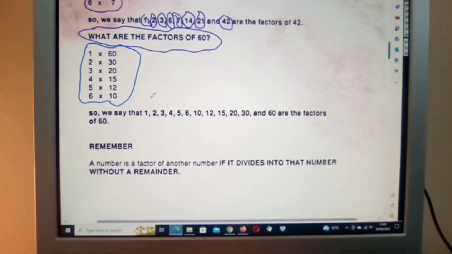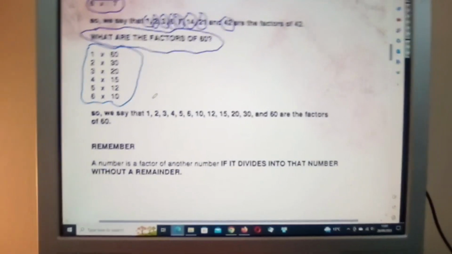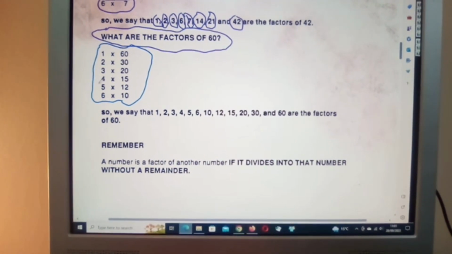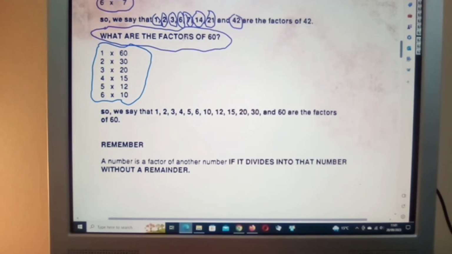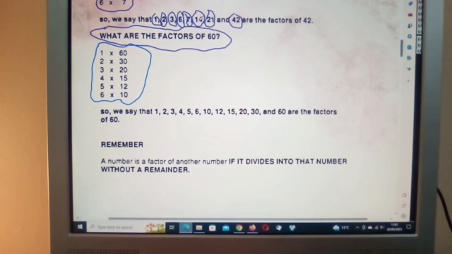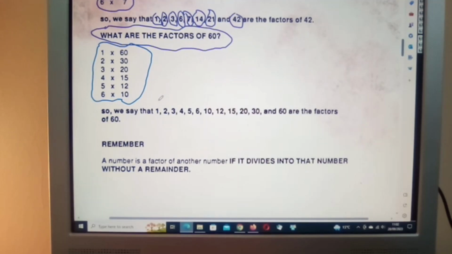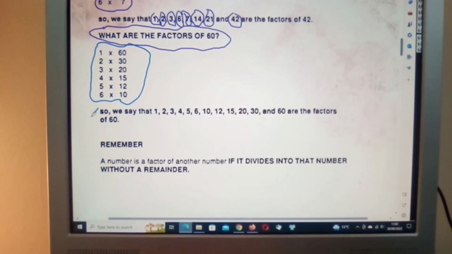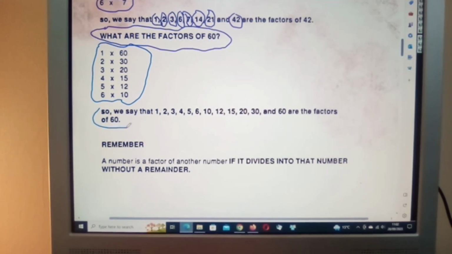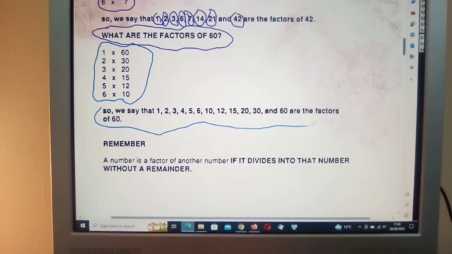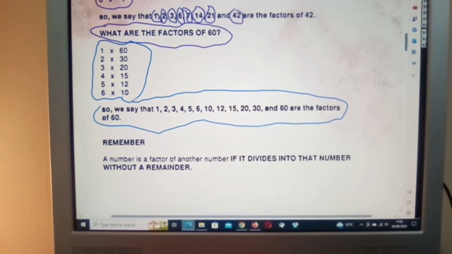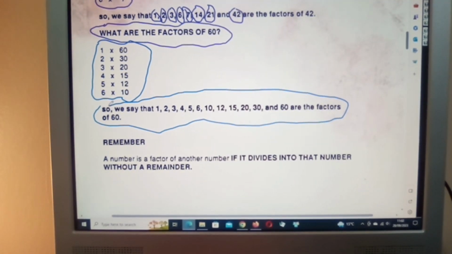And again, we're almost looking similarly now. You'll notice that we don't have any 7s in the factors of 60, but we have a 7 in the factors of 42. Okay? So bear in mind that certain values will not appear in some cases because they cannot possibly form a factor of that number because they do not divide equally into that number.